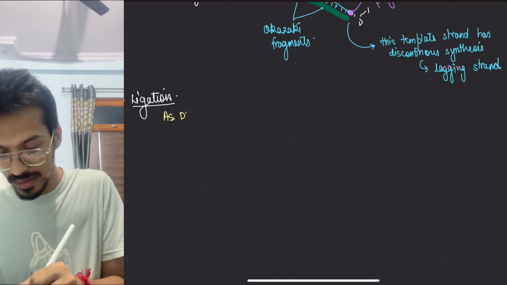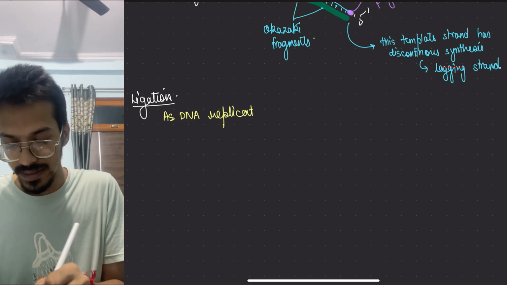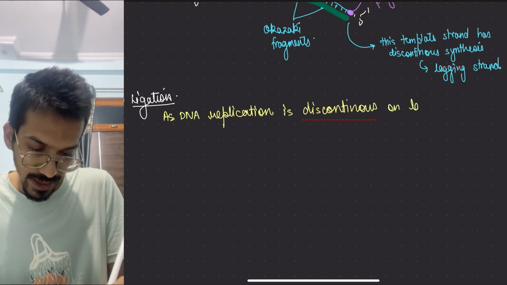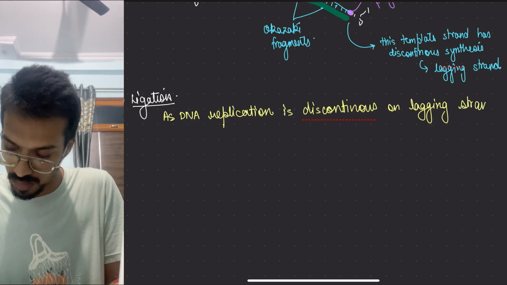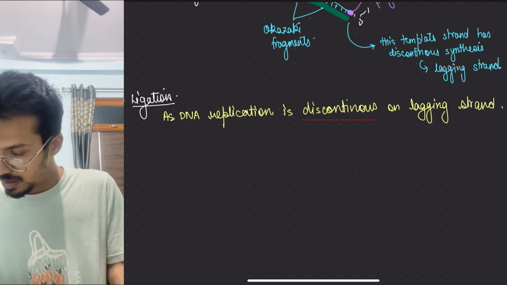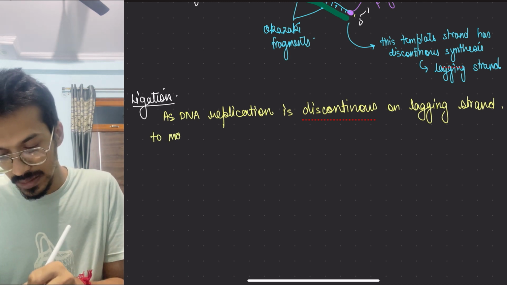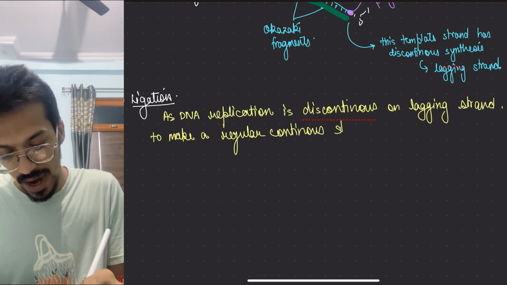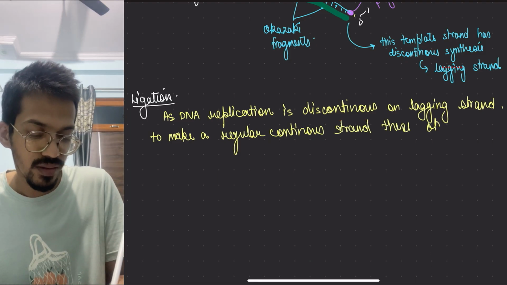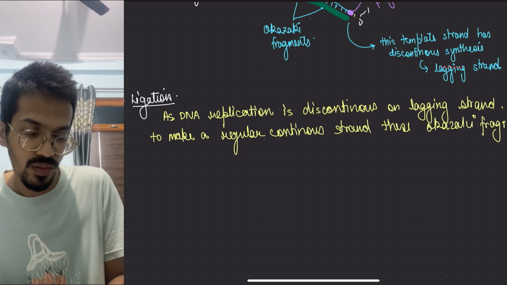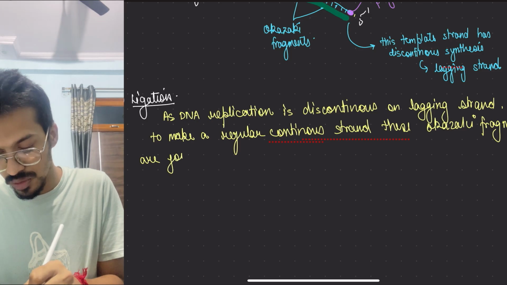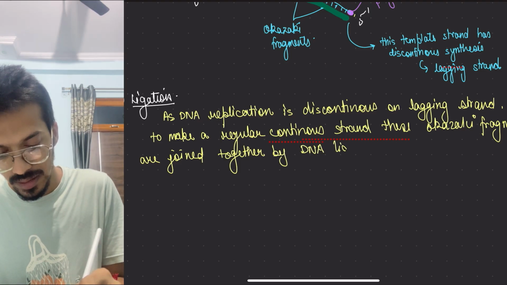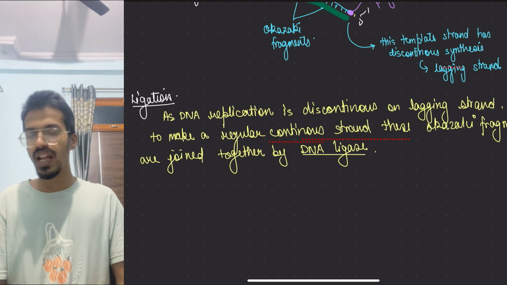As DNA replication is discontinuous on the lagging strand, to make a regular continuous strand, these Okazaki fragments are joined together by DNA ligase, and this process is called as what?